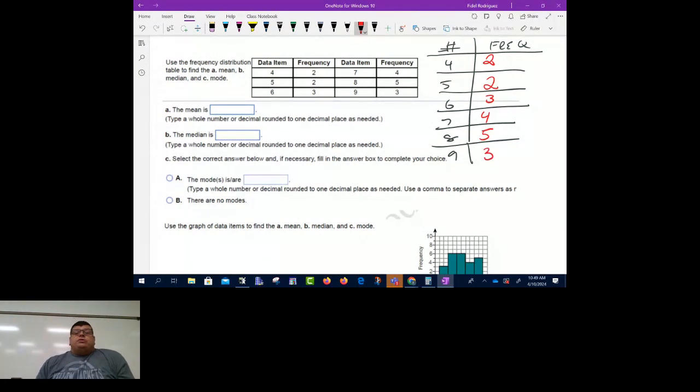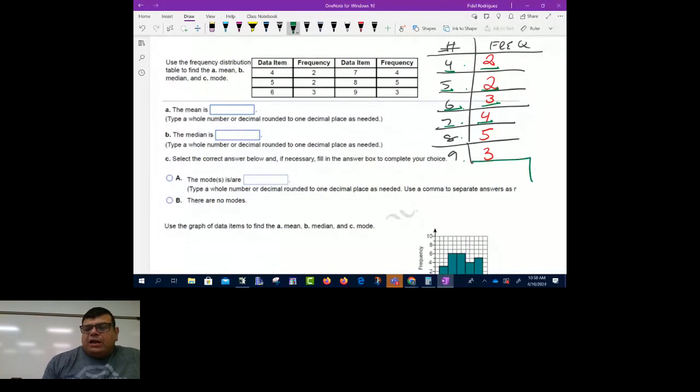Okay, what we want to do, y'all, we want to find the average. Okay, so remember, y'all, first thing I want to do, I want to figure out how many numbers I have. Y'all, it's not as simple as saying 1, 2, 3, 4, 5, 6. We don't really have 6 numbers because that number 4 occurs 2 times. That number 5, twice. 6, there's 3 of them. 7, there's 4 of them.